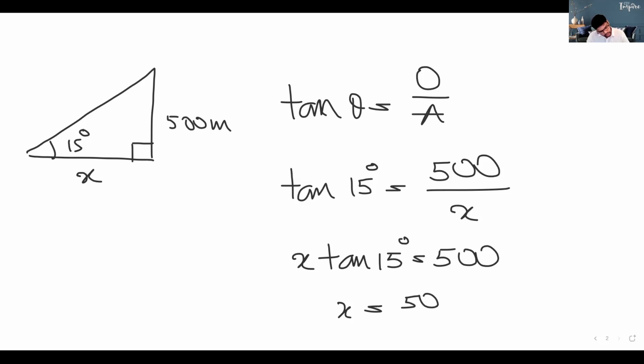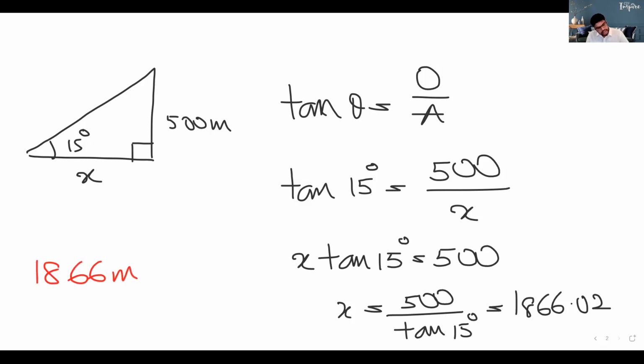We get 500 over tan 15. You can just enter this into your calculator, and I think you will get 1866.02, but they are asking for the nearest meter. So when you round it to the nearest meter, the answer is going to be 1866 meters. So the plane is 1866 meters away from the runway.